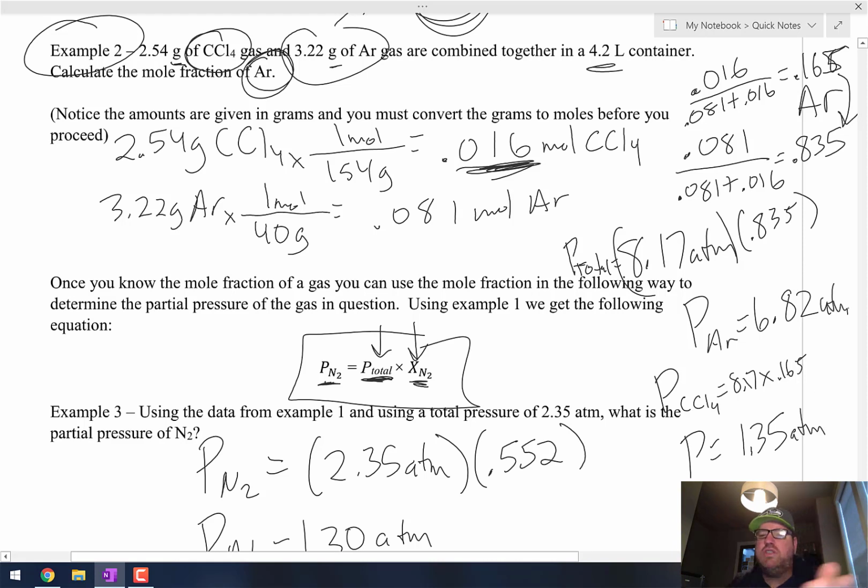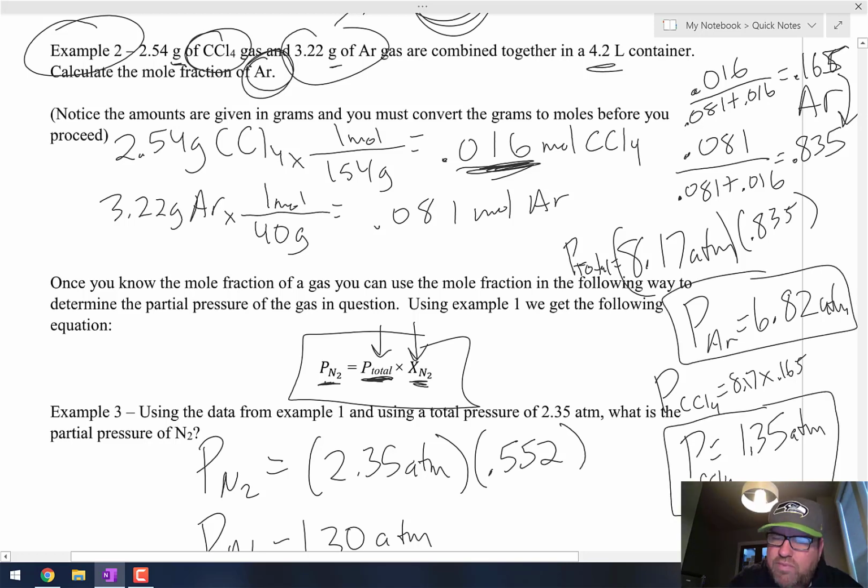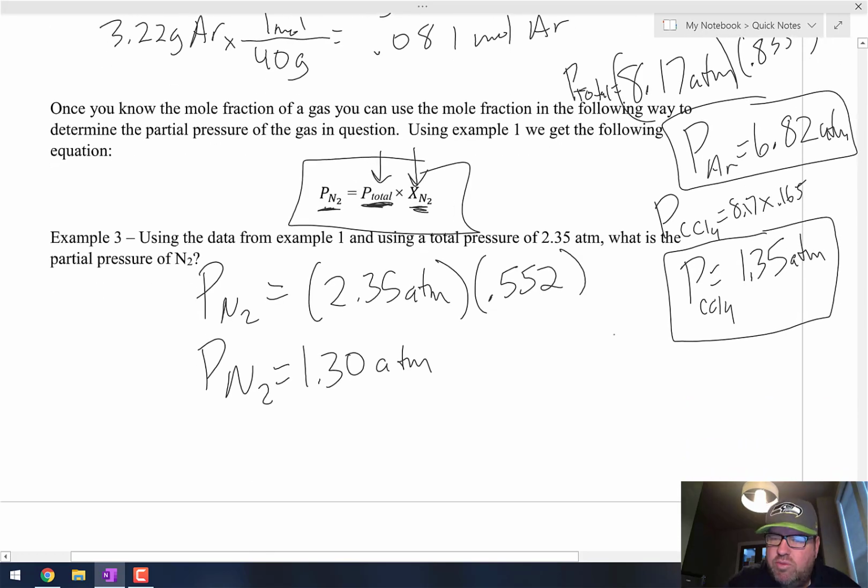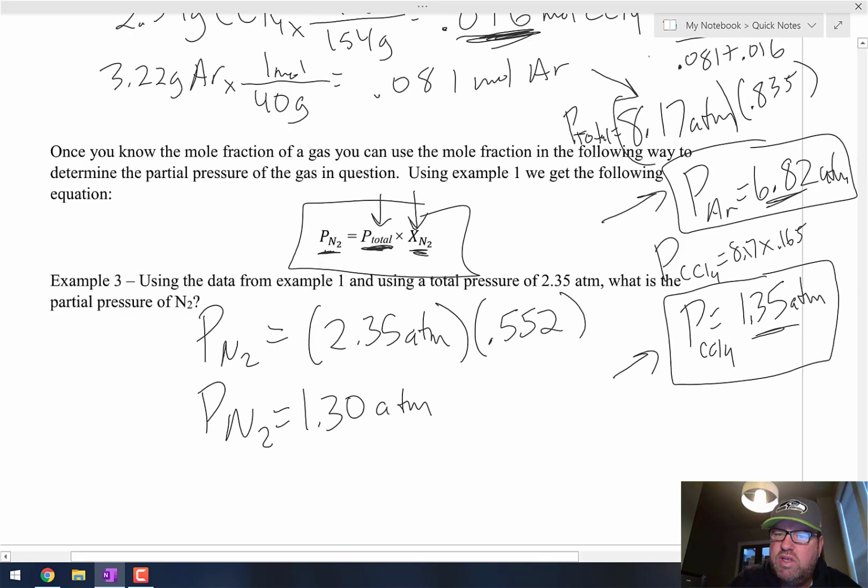Okay, and of course, notice that the pressure of CCl4 plus the pressure of the argon equals the total pressure. 6.82 plus 1.35 equals, of course, 8.17.